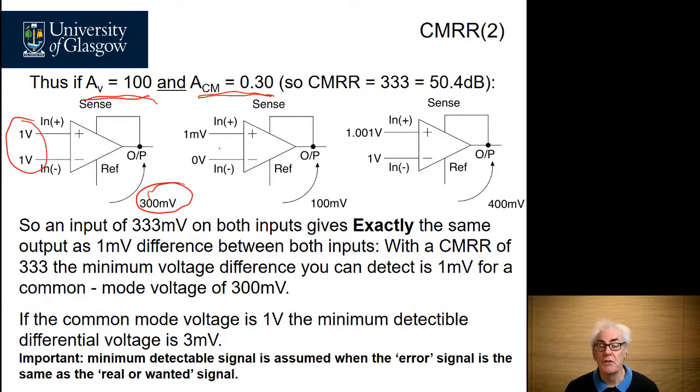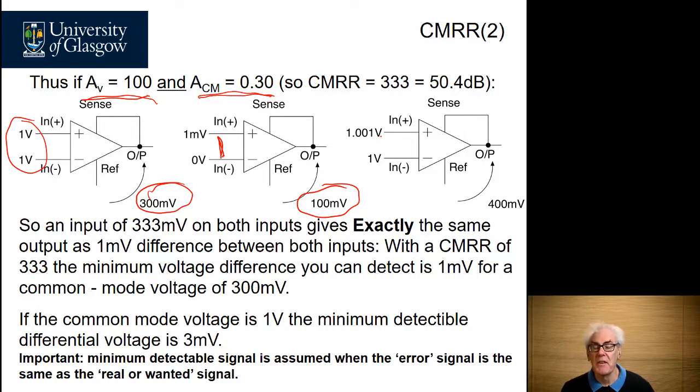Let's look at the situation where we apply 1 millivolt. When we apply 1 millivolt to the input and 0 on the other one, we end up with an amplification of very close to 100 millivolts. Now that's the signal we actually want. Technically, there should be a small error there because the average is actually half a millivolt. But ignoring that, it's going to be very close to 100 millivolts, a purely differential amplifier.